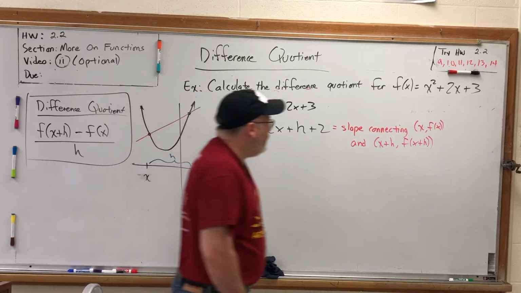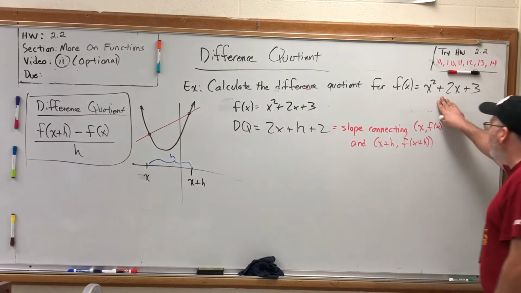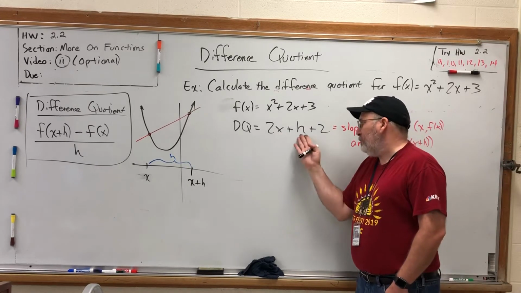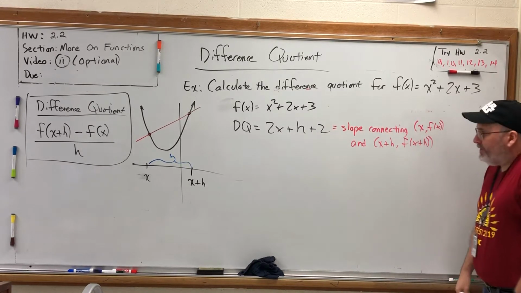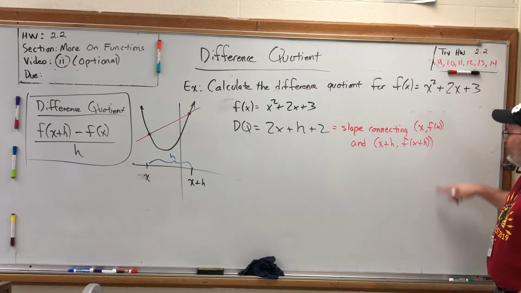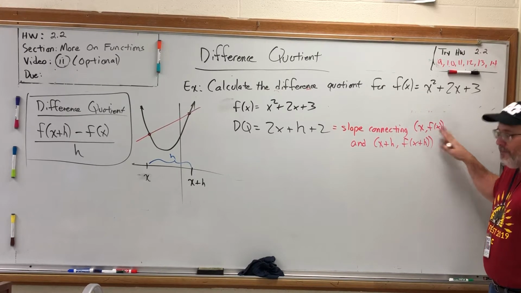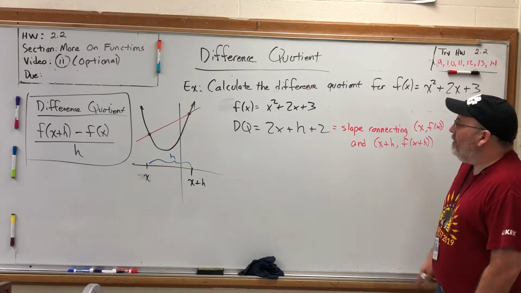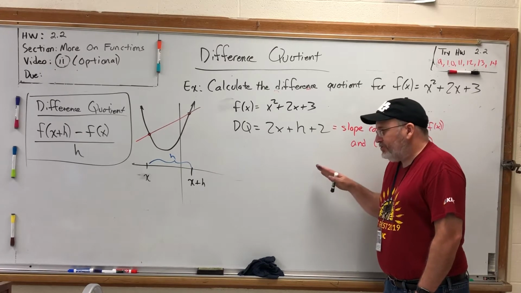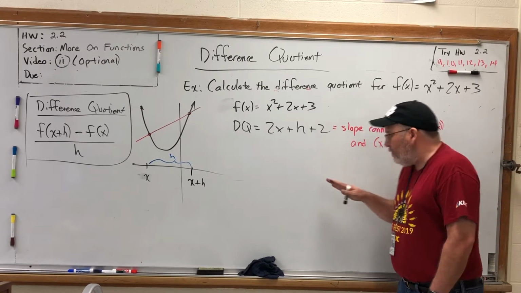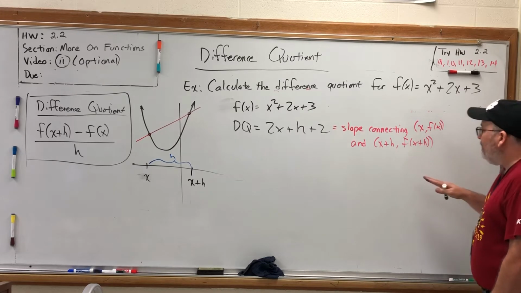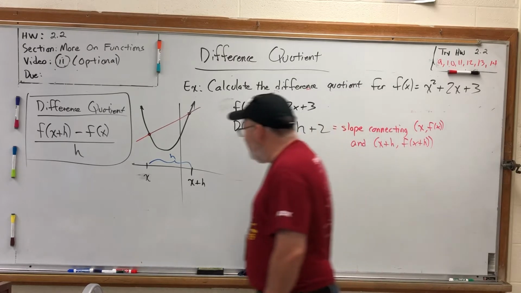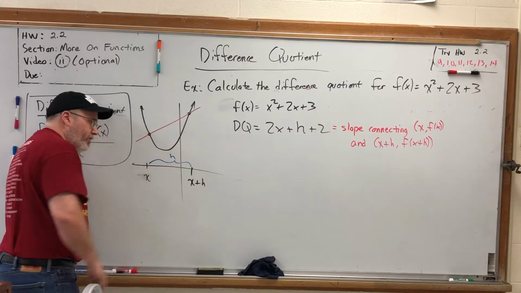Secondly, in the previous video, we calculated the difference quotient for f of x equals x squared plus 2x plus 3, and its difference quotient was 2x plus h plus 2, which geometrically represented the slope connecting a generic point. Let me say that again. Third time, the difference quotient represents an expression for the slope of a generic line connecting a generic point and a generic second point, where the second point is described by how far over it is from the first point.